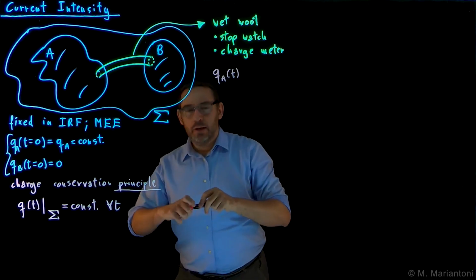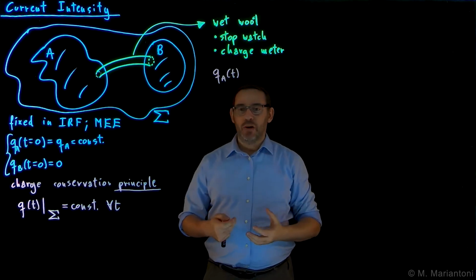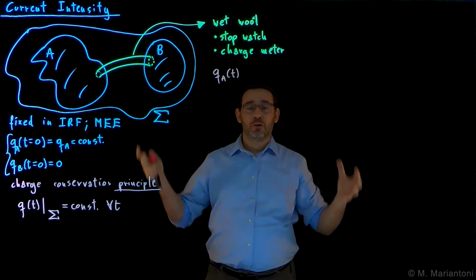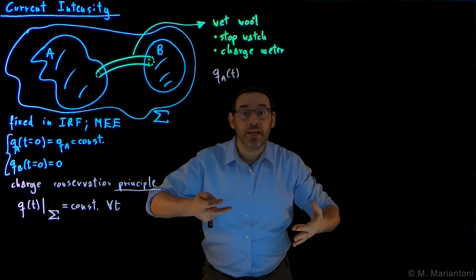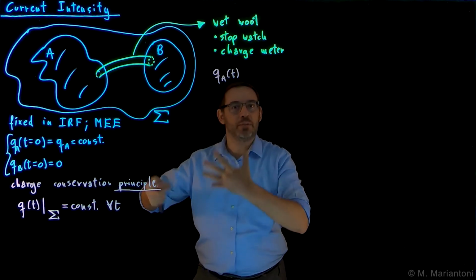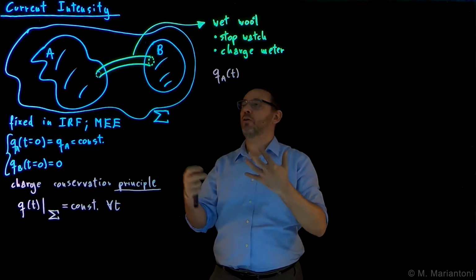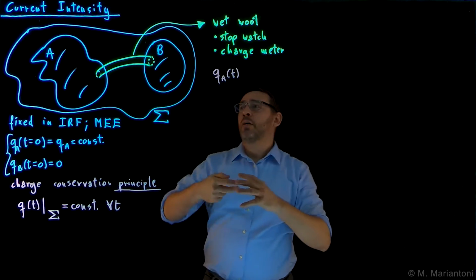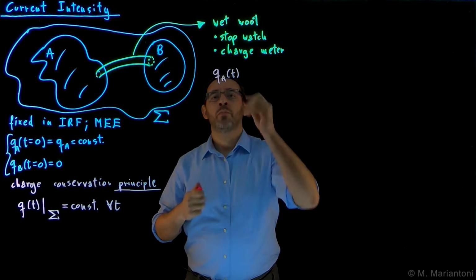It's like in thermodynamics, when you have a hot object and a cold object in the same room, they tend to equilibrate. Here is the same kind of principle: there is an equilibration phenomenon going on. So the charge on A decreases, whereas the charge on B increases.